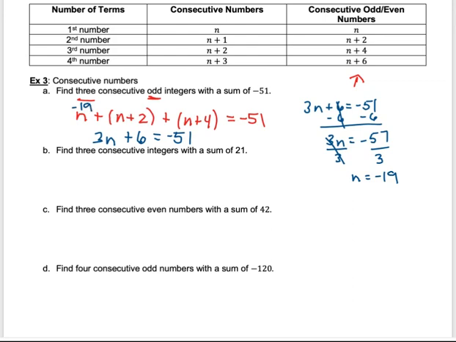I add 2 to get my next one, which is negative 17, and then add 4 to my first one, and I get negative 15. So my 3 consecutive odd integers that sum to negative 51 are negative 19, negative 17, and negative 15.